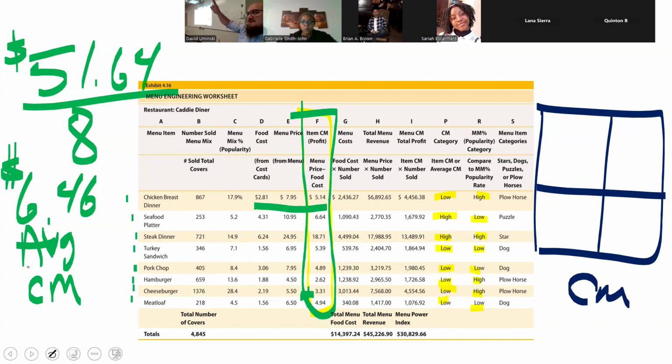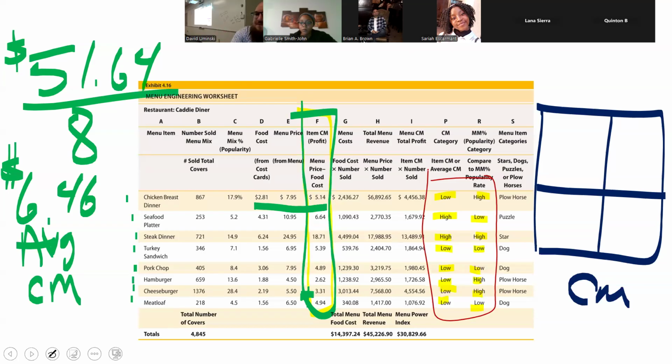What are the two easiest categories to identify? The high highs and the low lows, yes. Just by looking at this information right here, the high and the low lows are the two easiest to identify at first. So start with one.